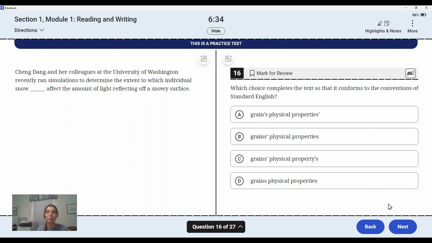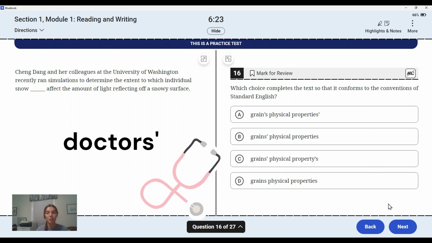It indicates that it belongs to one doctor. But if you have multiple doctors, maybe all the doctors use the same stethoscope for some reason, then you'll have doctors apostrophe. So that's one important thing to note before we dive into this question.